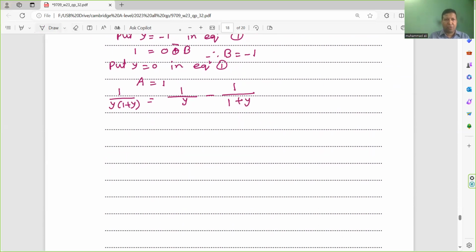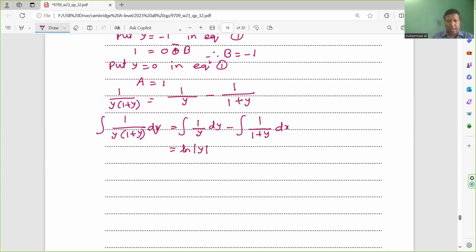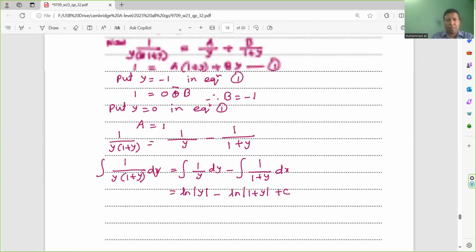Now taking integration on both sides, integration 1 by y into (1 plus y) dy equals to integration 1 by y dy minus integration 1 by (1 plus y) dy. So we know that integration dy by y is ln modulus y minus ln modulus (1 plus y) plus c.